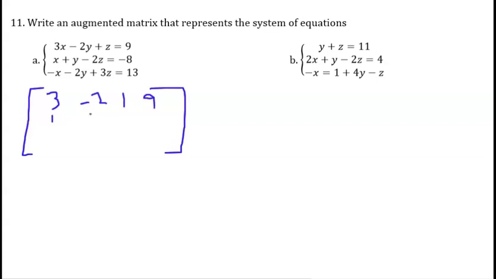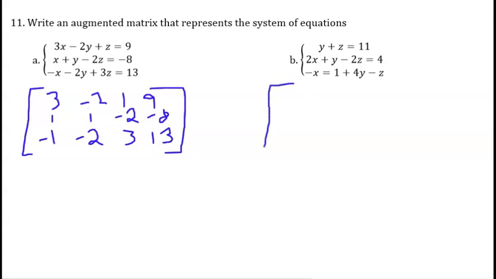And then we have 1, 1, negative 2, and then negative 8. And then for the last row we have negative 1, negative 2, 3, and 13. So this is our augmented matrix.